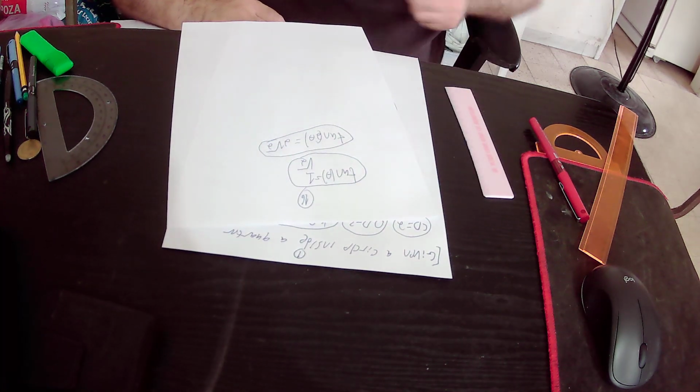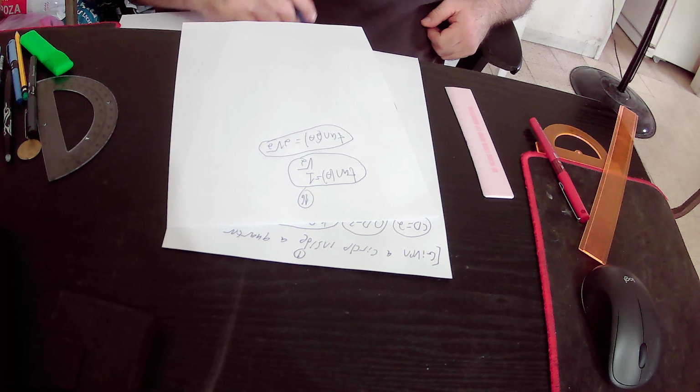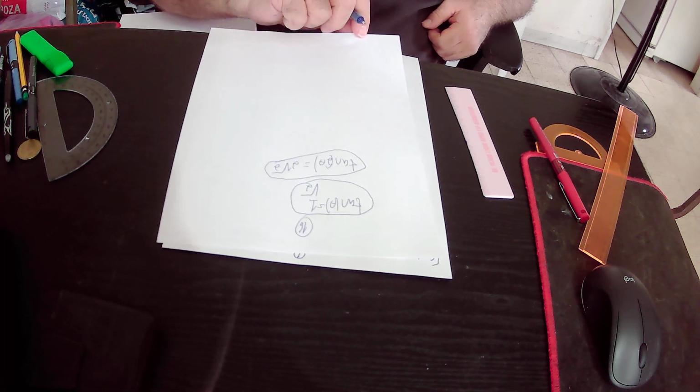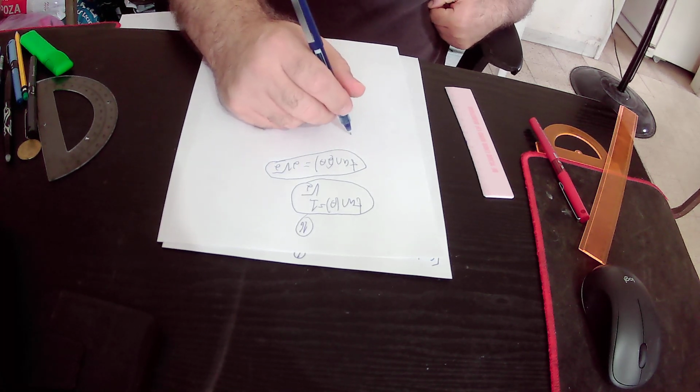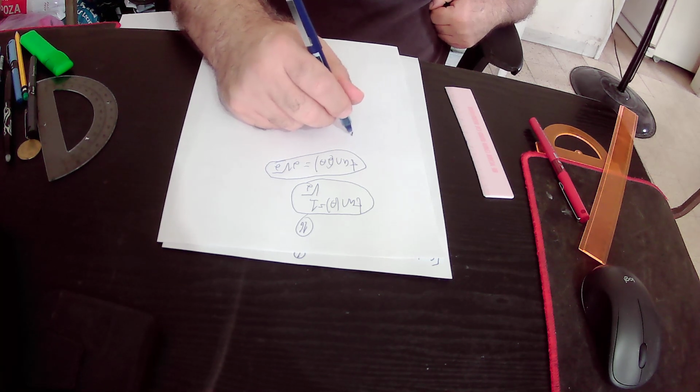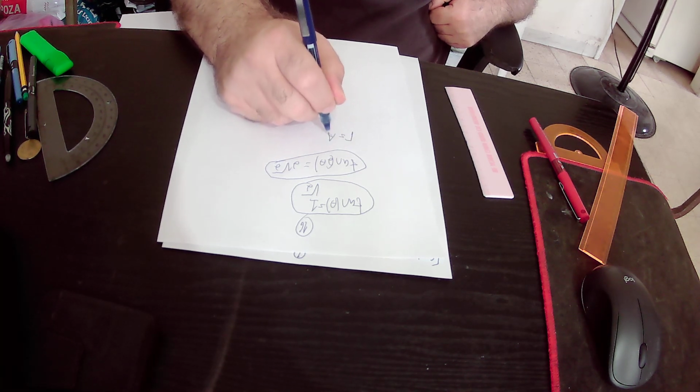Okay, and as you should remember, the radius of the small circle equals AB times tangent theta.